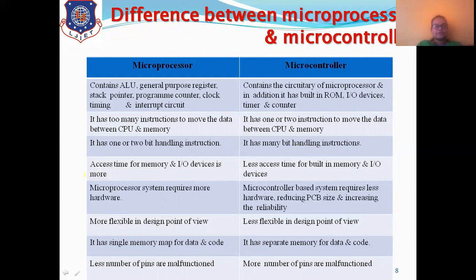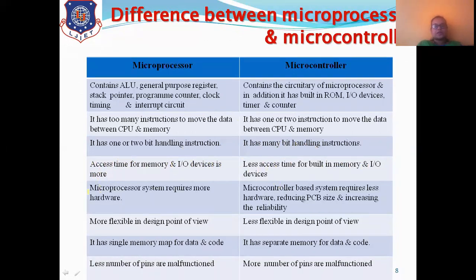Then fifth, the access time of memory and IO devices is more for the processor, because all the memory and IO devices are connected externally, so the access time for the processor will be more. Whereas a microcontroller has inbuilt memory and IO devices, so the access time will be less compared to the processor based system.